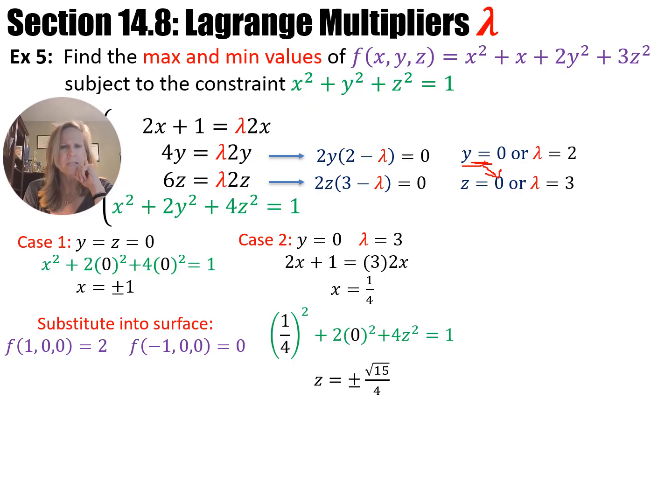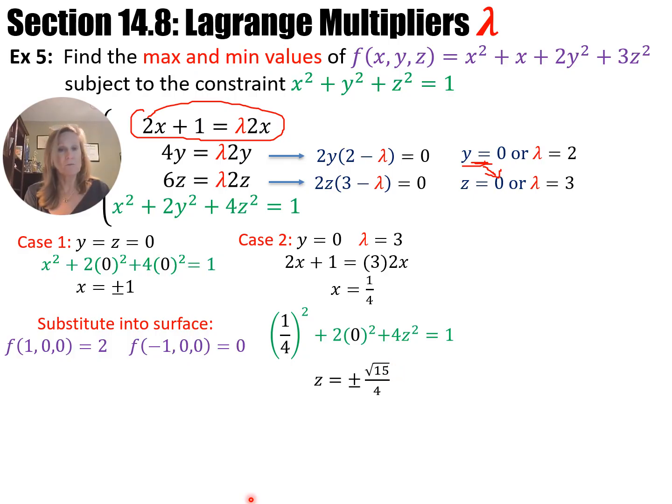So I put lambda into the first equation up here. There's no y in there. I put 3 in for lambda, and I got 2x plus 1 is equal to 6x, so x is equal to a fourth. So then I could put x is equal to a fourth in the constraint equation at the same time y is 0. And then I could solve for z.